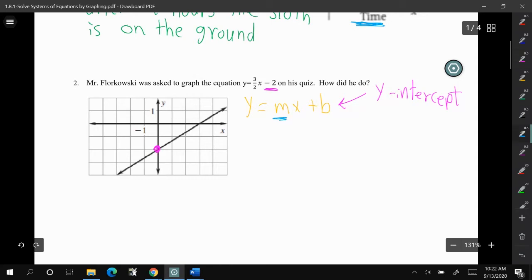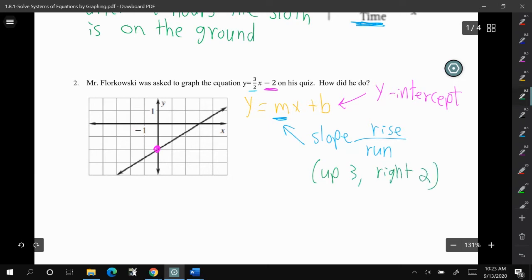And m is our slope, which is the rise over run. So in this example, we should be going up 3 and right 2.